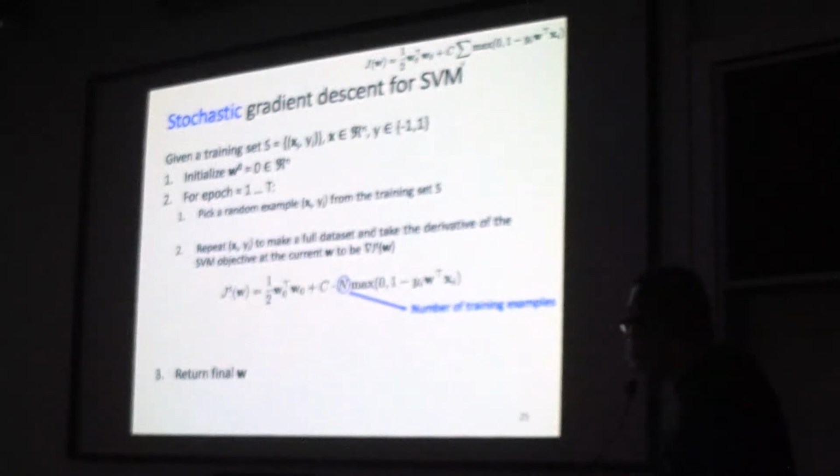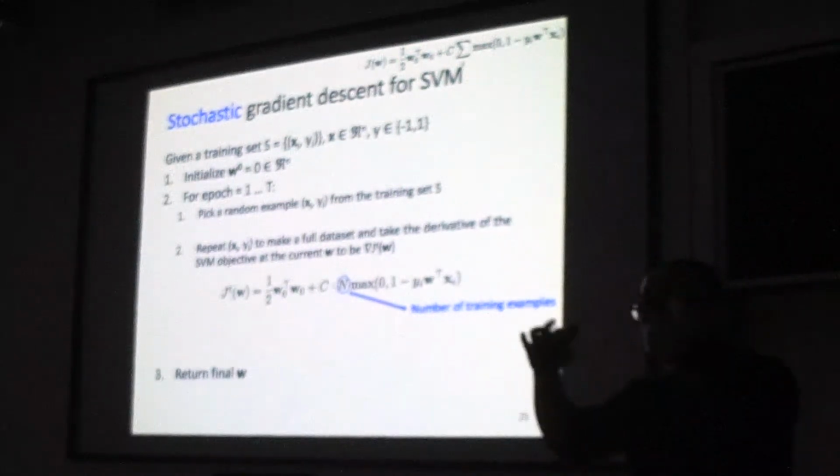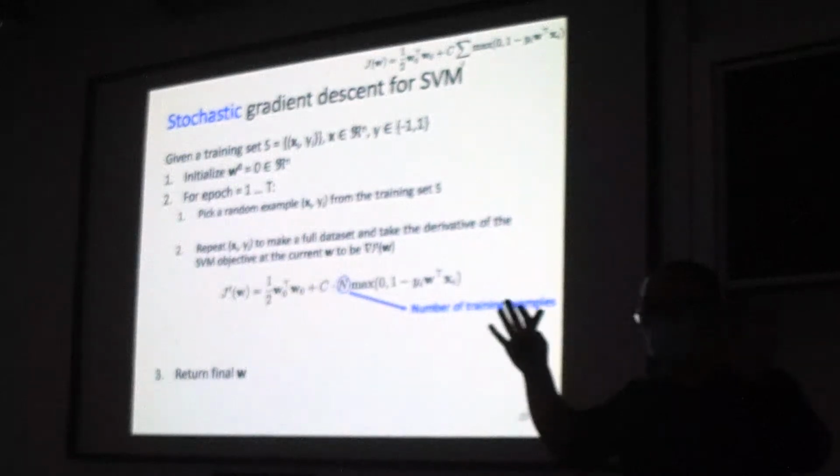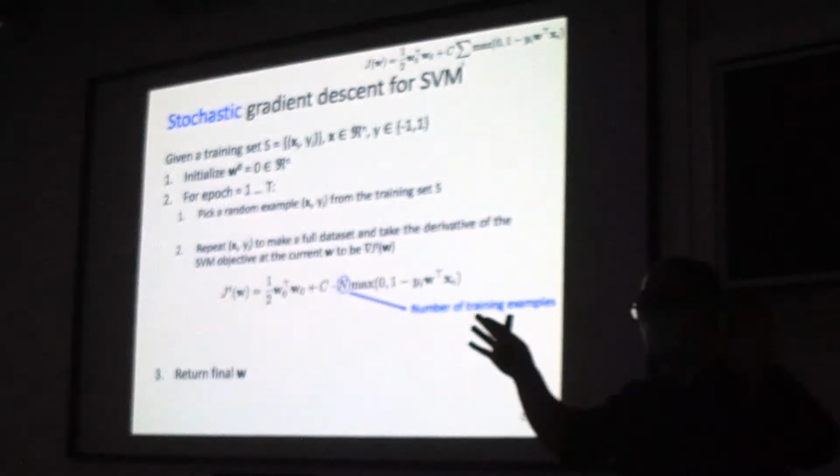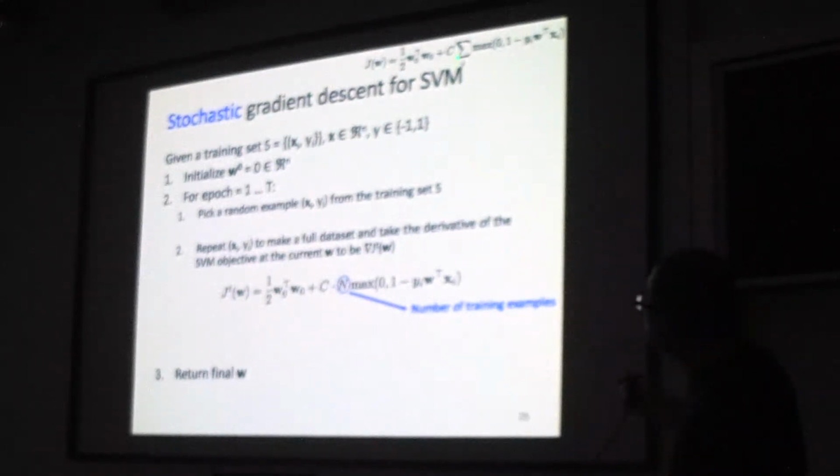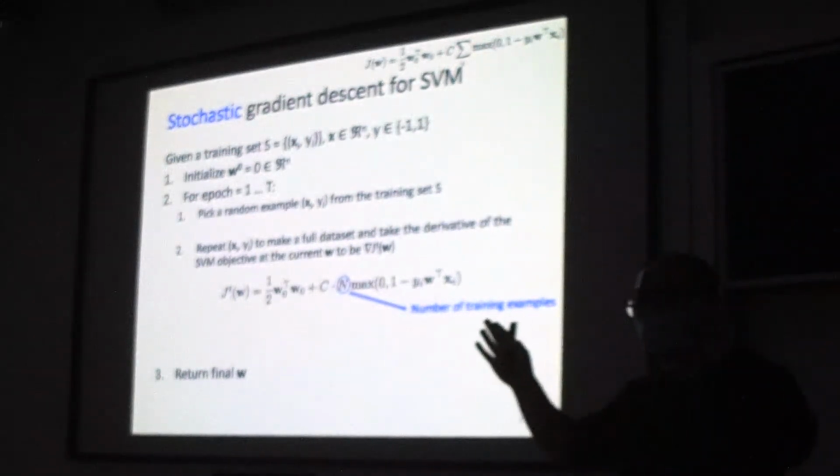The reason is that in our SVM objective, we have an actual regularization term. Remember, in the original SVM objective function, there are two terms. One is the regularization term. The other is the loss over the entire training set. You need to maintain the same scale. If I just calculate the loss over one example, you actually get an imbalanced scale for the two terms.